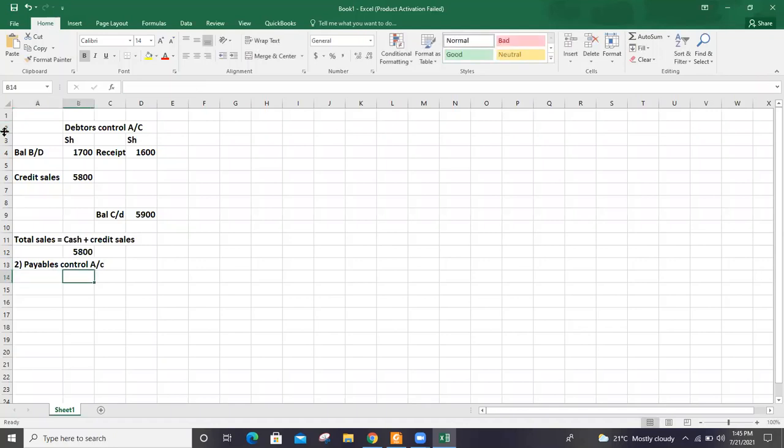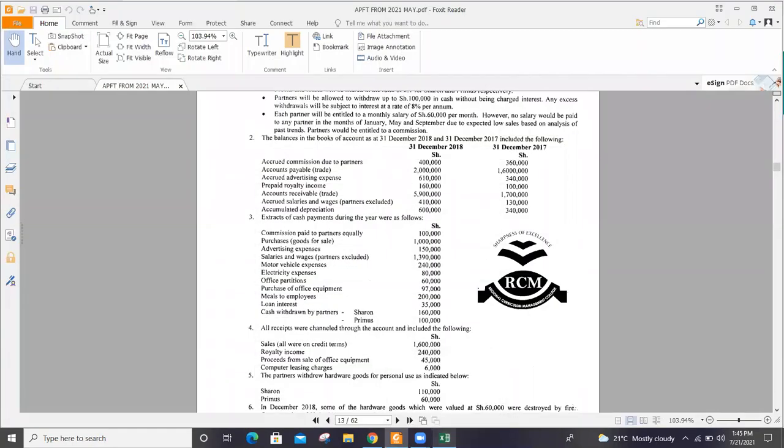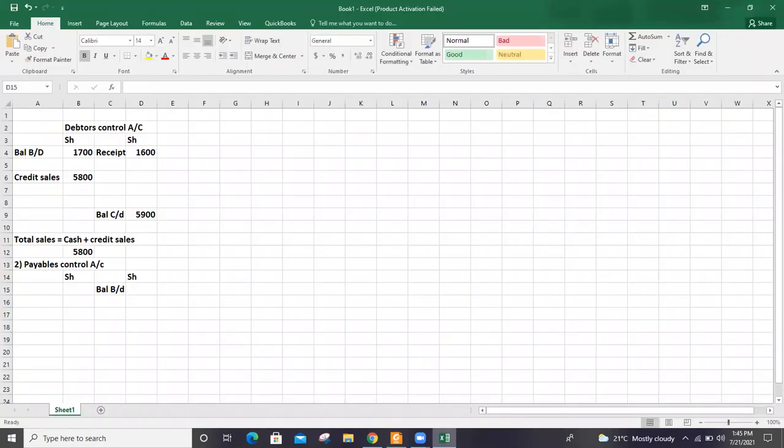On the payables control account, we have the balance brought down of 1,600, and the balance carried down, 2,000.